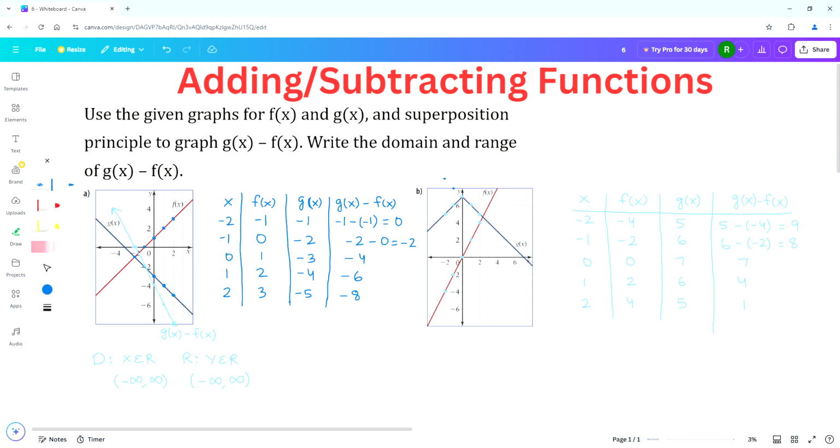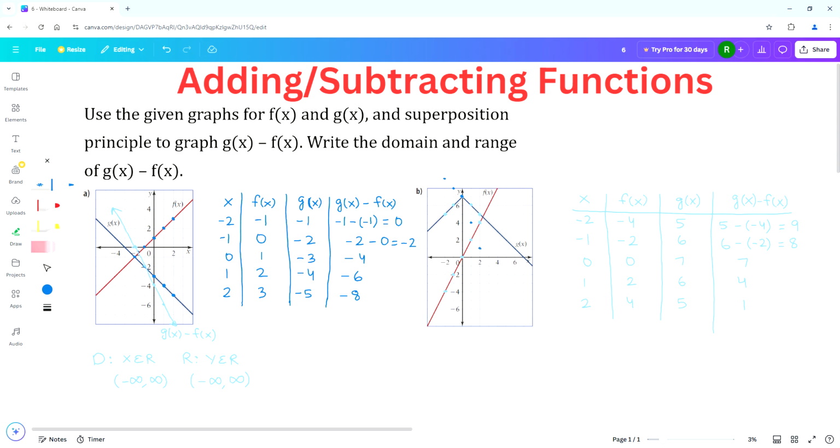At x equals 0, it is equal to 7, and that's here. At x equals 1, it is equal to 4, so that's here. At x equals 2, it is equal to 1, so that's here.